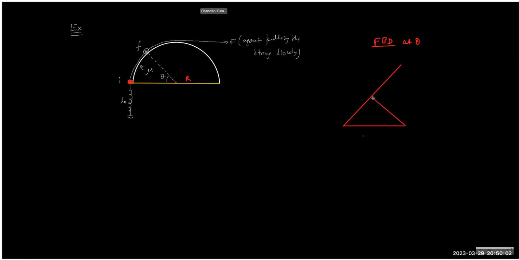Because I'm trying to pull up, what do you think the force acting on this block should be?